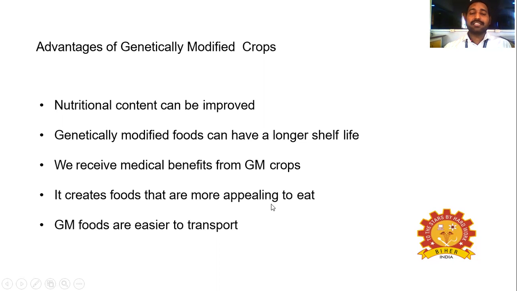Nowadays appeal is very important, because it attracts people to that food. GM foods are also much easier to transfer from one location to another, whereas conventional plant products can decay within a short duration due to their shorter shelf life.